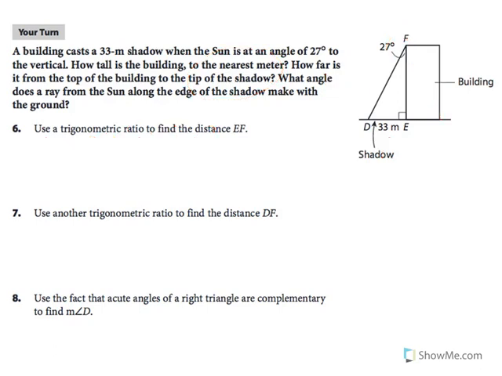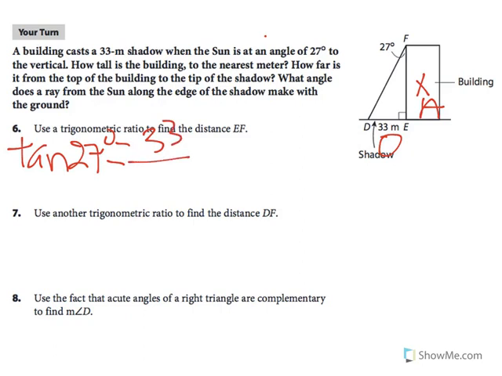Okay, let's go back to number 6. We're solving for EF, so we have opposite and adjacent. Okay, so that's use tangent. So tangent of 27 degrees equal to opposite over adjacent.